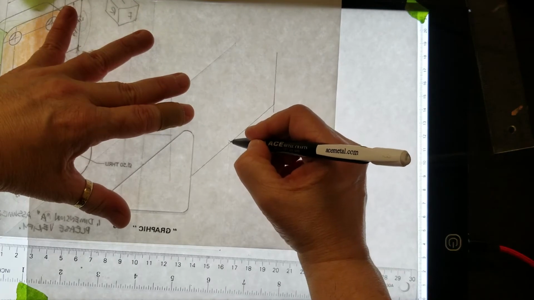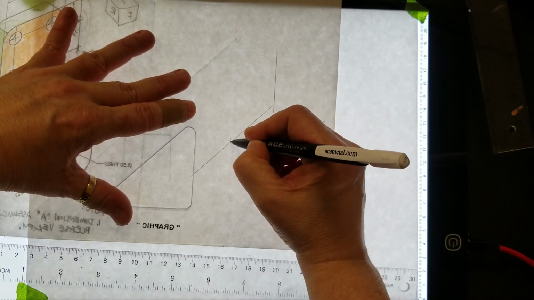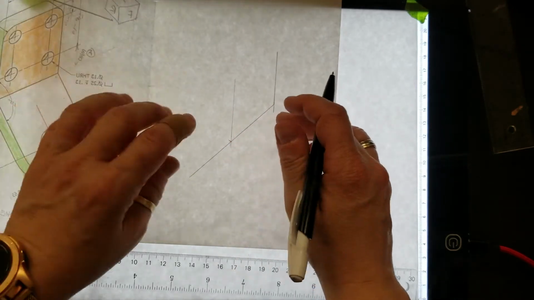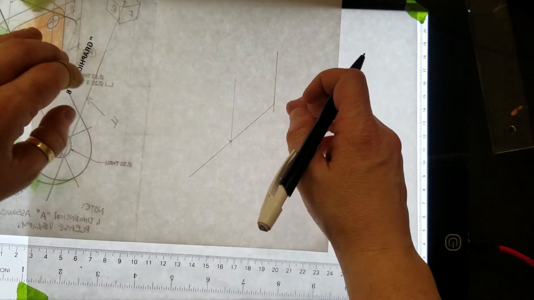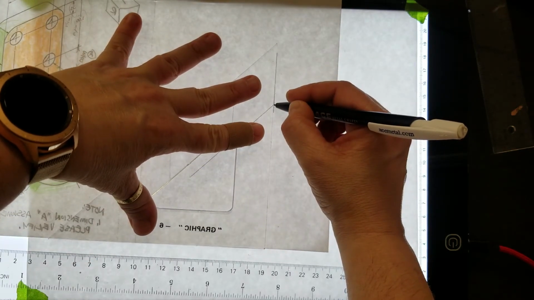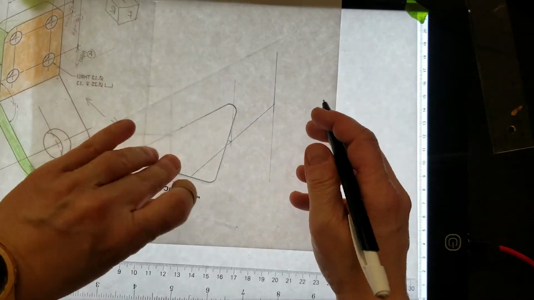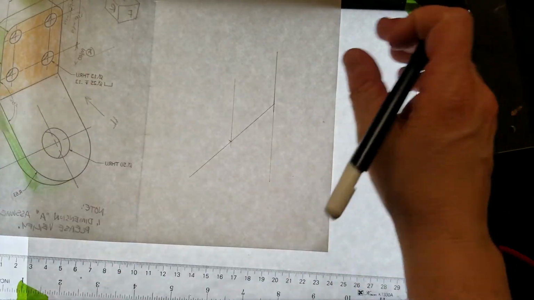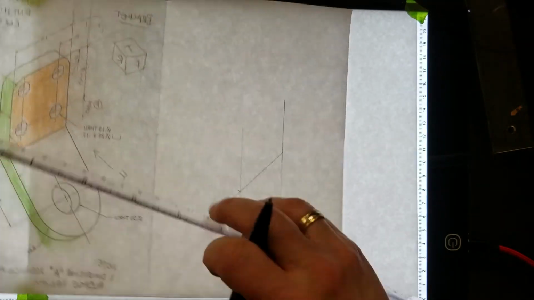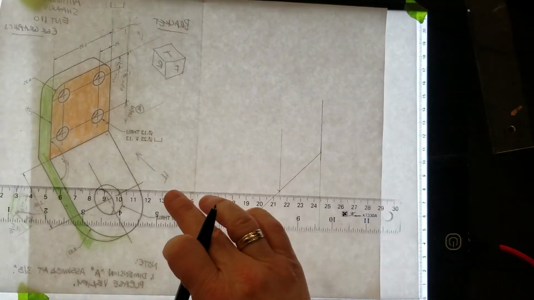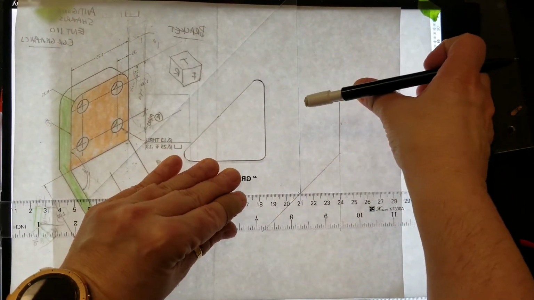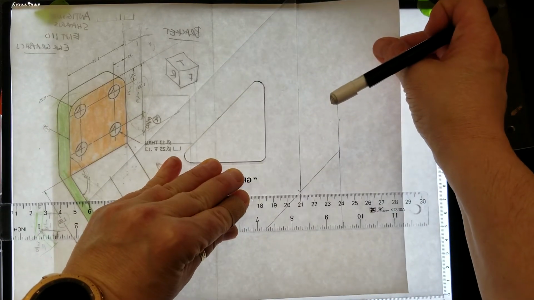Which means it's linear width. Literally, I want to try to draw this as straight as I can, so I'm going to use my triangle and my ruler together to line this up.